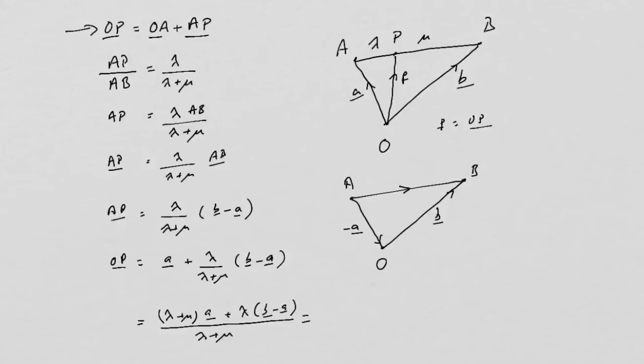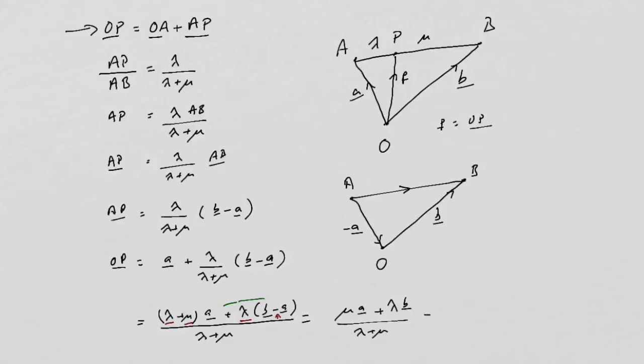Now this can be simplified by getting rid of all the brackets. So what do we have times by A? Well, for A we have a lambda and a mu and a minus lambda, so that just leaves us with a mu times A, and for B we only have the lambda times B, so that's a plus lambda B over lambda plus mu.